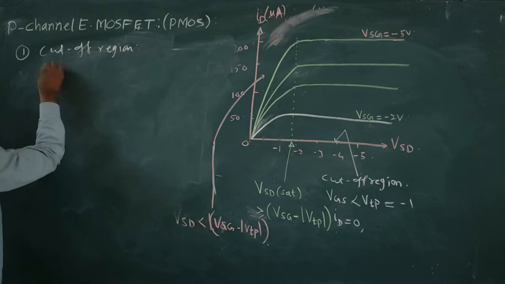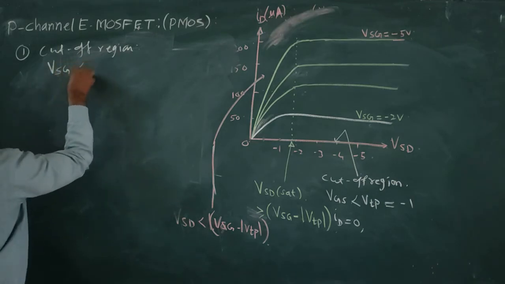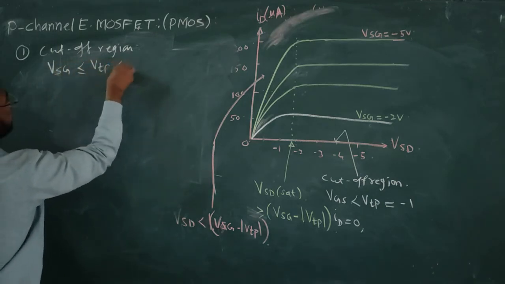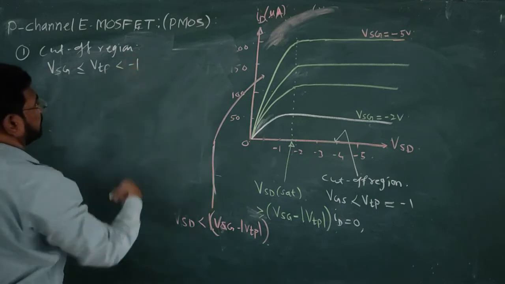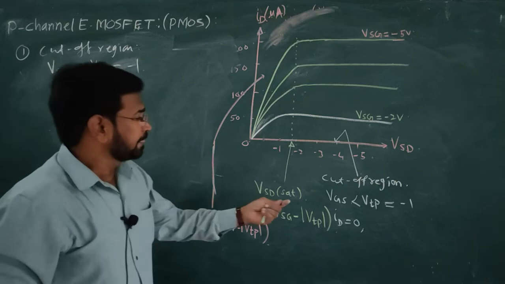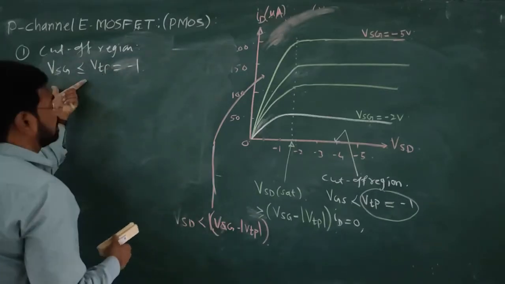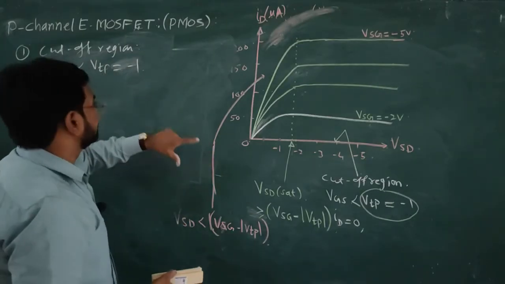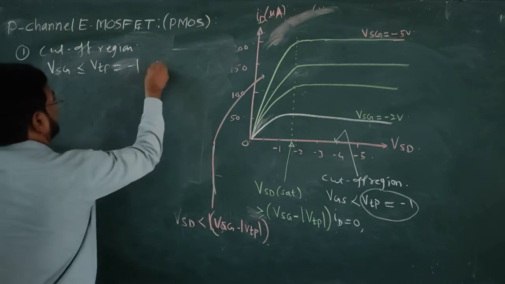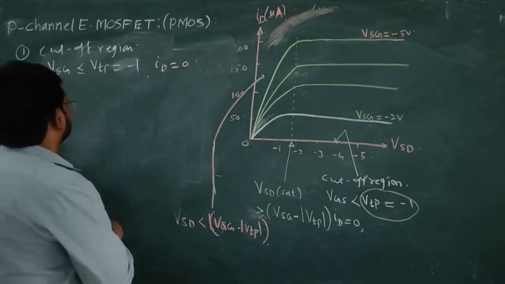Cutoff region: VSG is less than VTP, where VTP equals -1. If VTP is -1, the threshold voltage of the PMOS device, and the gate voltage is less than this, the device remains in cutoff region and drain current is 0. So, this is the off state of the device.